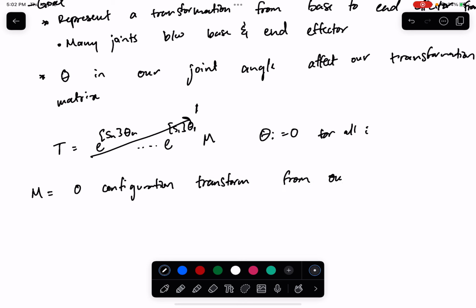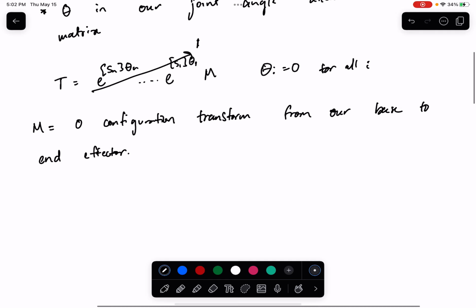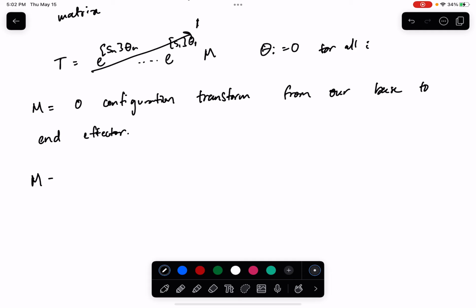from our base to end effector. This is typically represented as M equals some rotation matrix R plus a translation component.